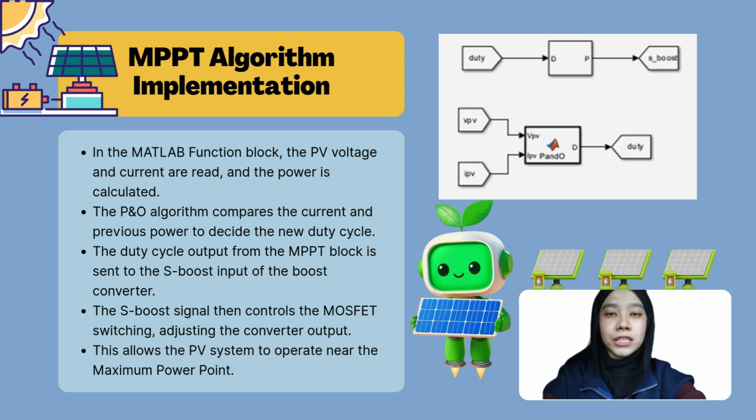In the MATLAB function block, the code inside reads the PV voltage and current and the power is calculated. Then the P&O algorithm compares the current and previous power to decide the new duty cycle. The duty cycle output from the MPPT block is sent to the S-boost input of the boost converter. The S-boost signal then controls the MOSFET switching, adjusting the converter input, and this allows the PV system to operate near the maximum power point.